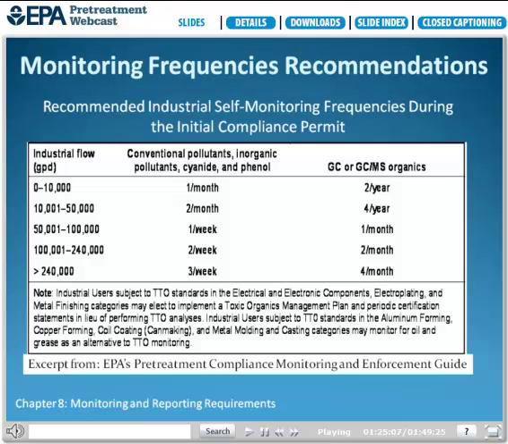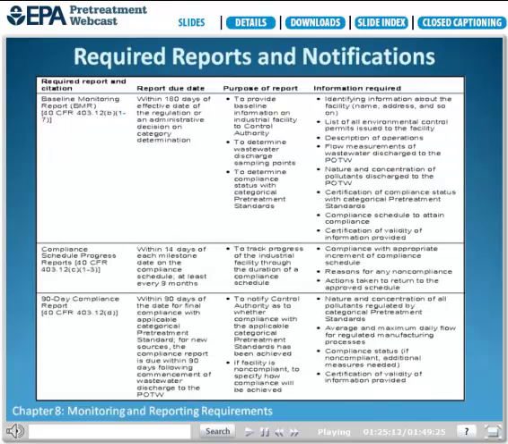The next slides, or I should say few slides, deal with the required reports and notifications. You'll note here that a number of the reporting requirements only apply to categorical users, while some apply to all SIUs.